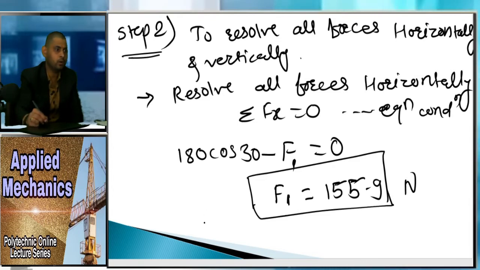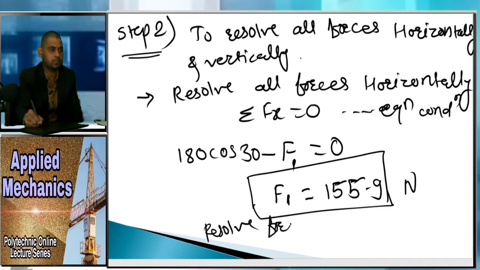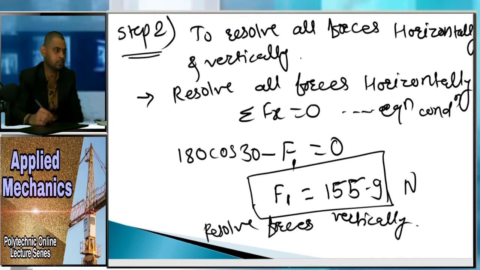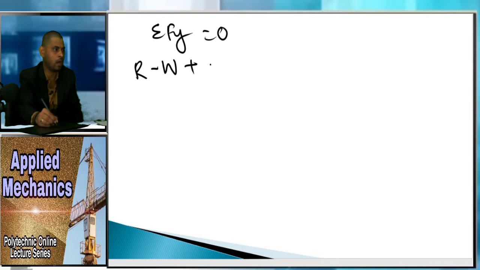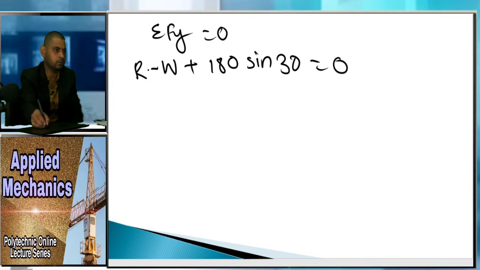Now resolve forces vertically for the first diagram. Summation of Fy is equal to 0. So that is R minus W plus 180 sin 30 is equal to 0.